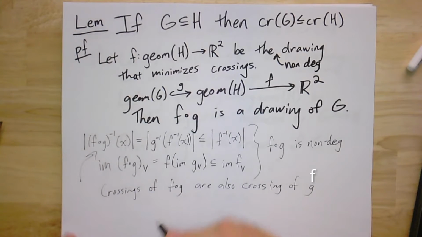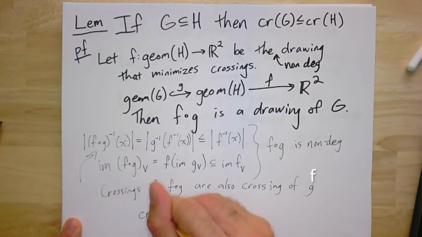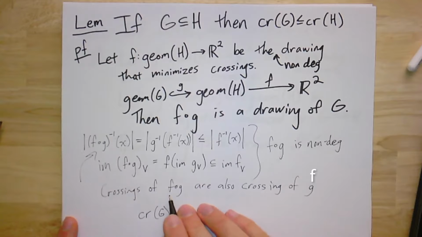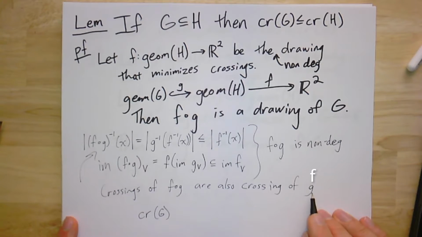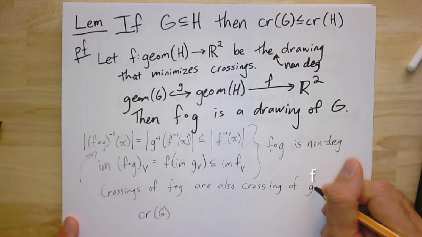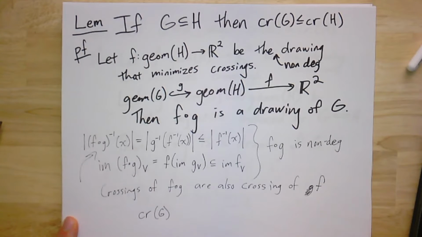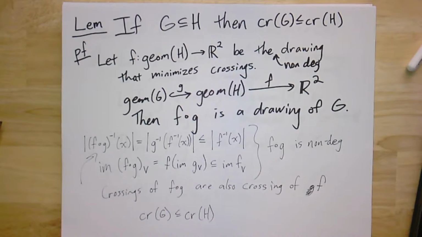And so the crossing number of G is going to be less than or equal to the number of crossings in F compose g, which is less than or equal to the number of crossings in just, this should be F, the original drawing. And so the crossings in G are at most the crossings for H.